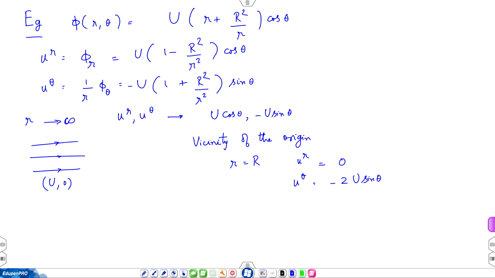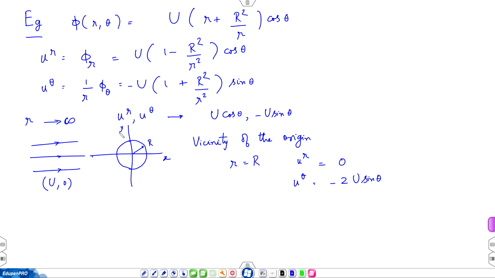Now, r equal to capital R represents a circle in the xy plane. And the normal velocity on that circle is 0. So, it represents a streamline, therefore, it is an object. So, this potential represents flow past a circular cylinder of radius R.